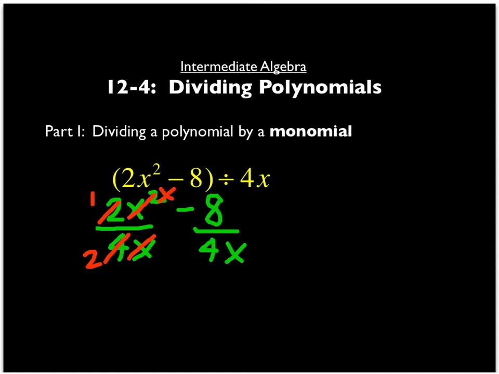Well, there'll be one x left over. Same thing here, 4 goes into 8 twice, and then I have 2 left over. So really what this is going to end up equaling when we're all done here is x over 2 minus 2 over x. And that's really the best we'll be able to do at this point.